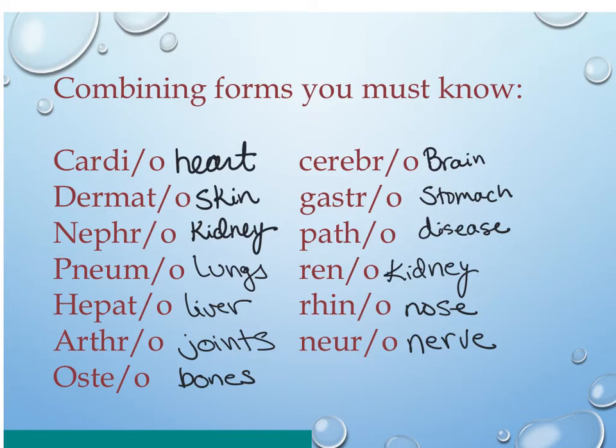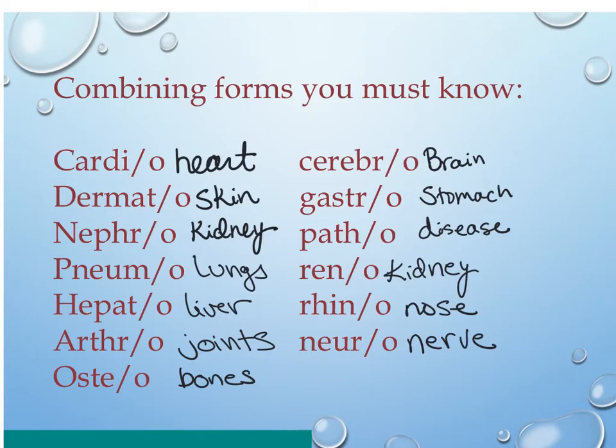So cardio is heart, dermato is skin, nephro and reno both refer to kidneys. They're used in a little bit different context, but both kidneys. Pneumo is lungs, hepato is liver, arthro is joints, like arthritis, an issue with the joints.